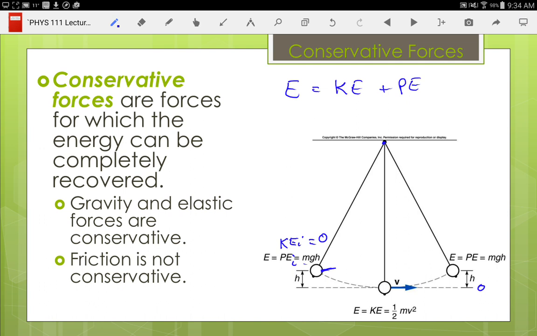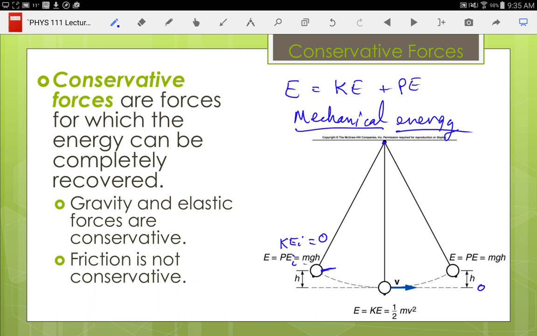The other type of mechanical energy that we're dealing with in this problem is kinetic energy. So these are all mechanical energy.